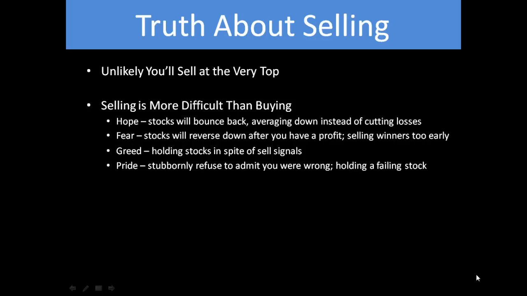Then you've got to deal with greed. It's reached 20 to 25%, and you don't want to sell it because you think it's going to keep going higher. Maybe it will, but studies have shown that after a stock rises to 20 or 25% above the pivot point in a proper base, it will start to consolidate and form another base. So then you have to decide, are you going to sit through a 10, 15, 20, 35% correction?